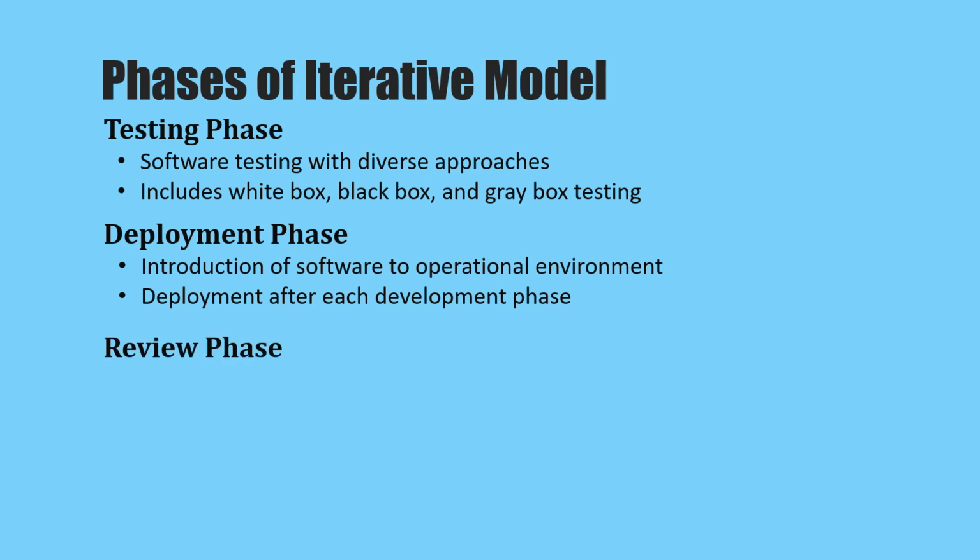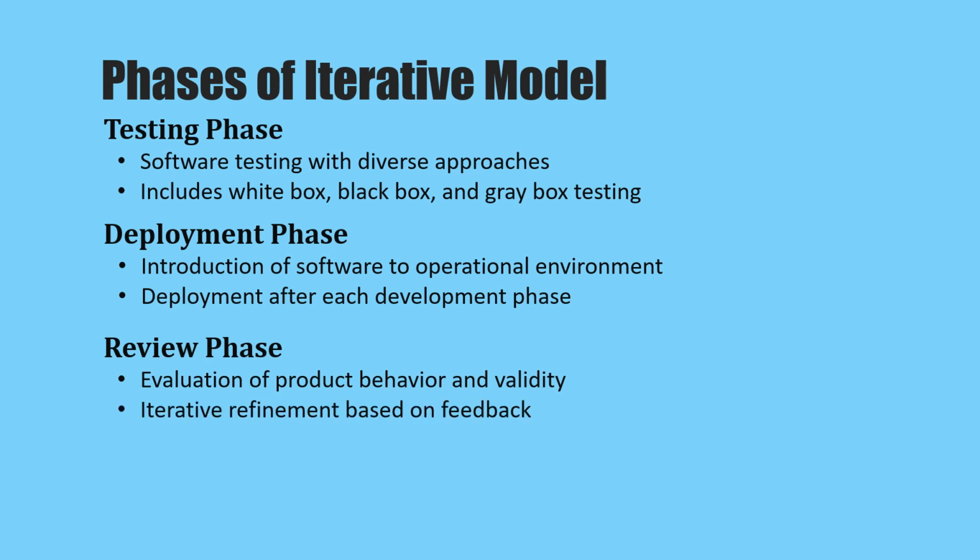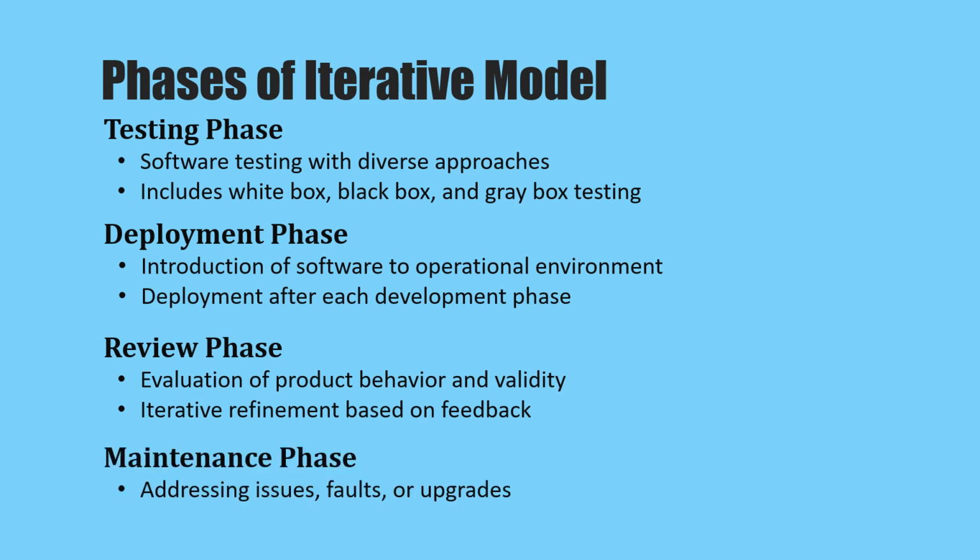Review phase. The review phase entails assessing product behavior and validity post-deployment, with iterative refinement made based on feedback to enhance performance and functionality. Maintenance phase involves resolving post-deployment issues, debugging existing code, and incorporating feature enhancements to optimize software performance and user experience.